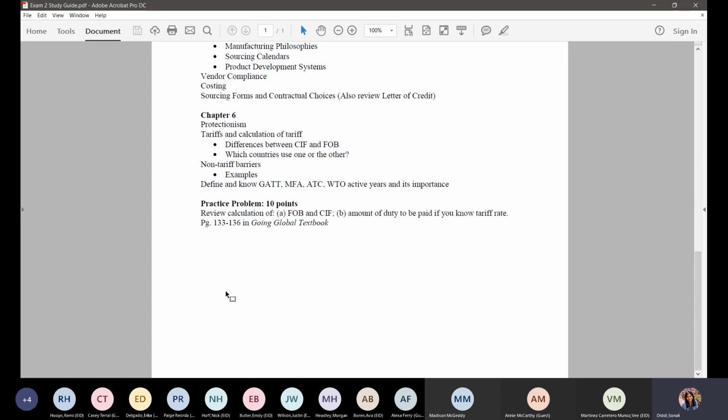For chapter 6, I think these are illegal and unethical trade activities. So you're going to look at what each of those are in terms of how you protect, and some definitions about licensee and licensor. What else do we have?